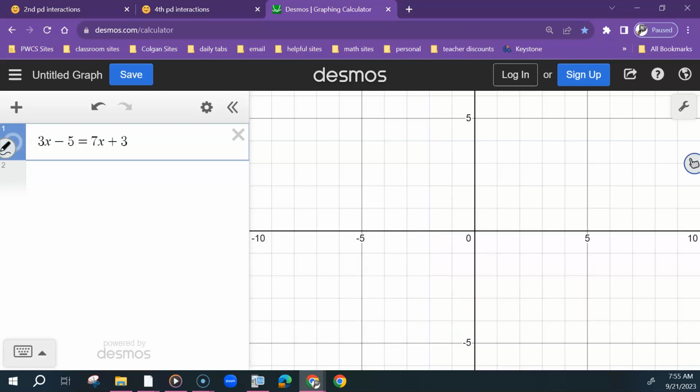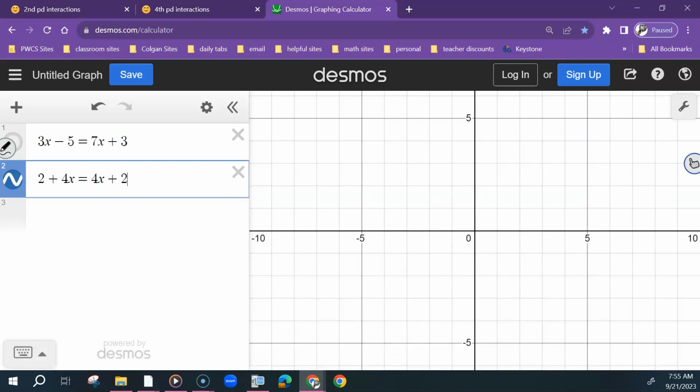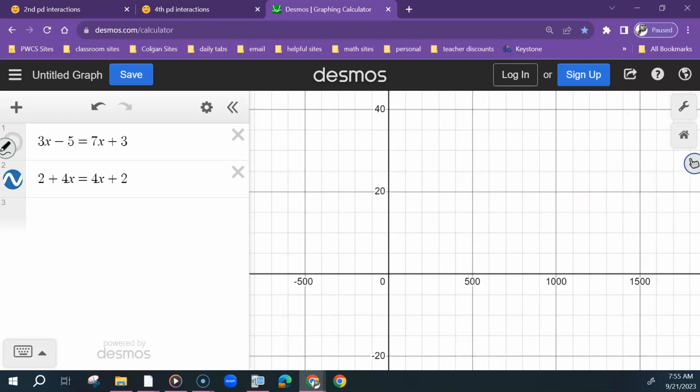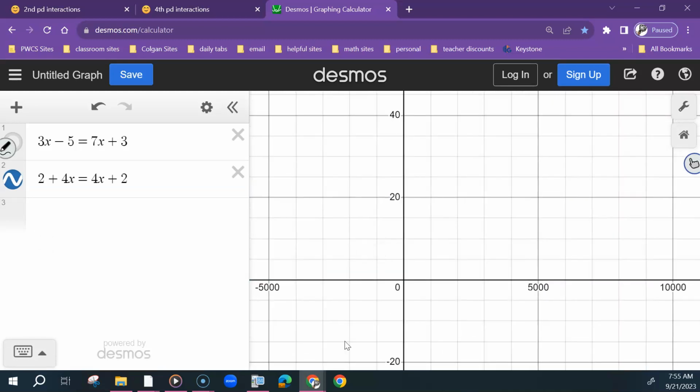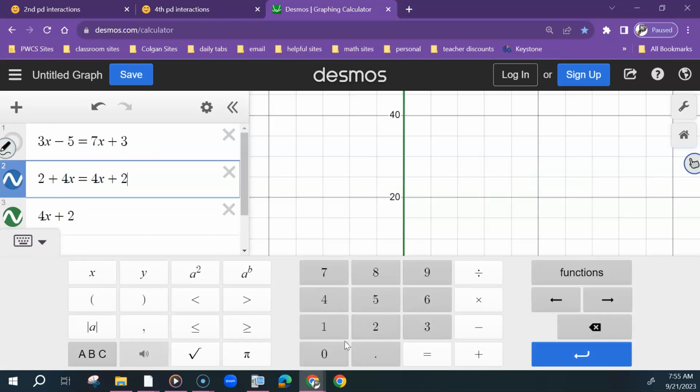Infinitely many will look like this. Actually, it won't look like anything, but I'll show you what happens. When you put in the entire thing for infinitely many, nothing will show. So what you'll have to do is put this in separately, put one piece of it in, and then another piece of it in elsewhere. I'm going to delete part of it.